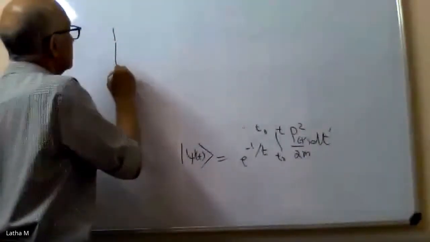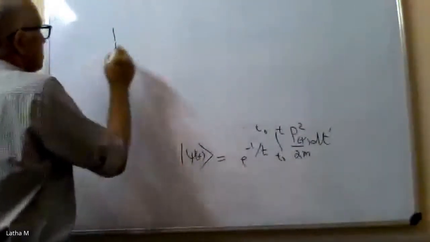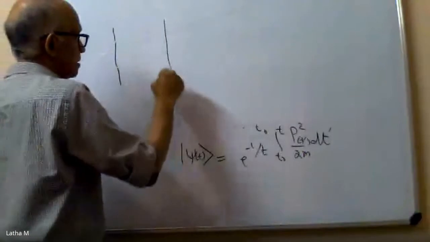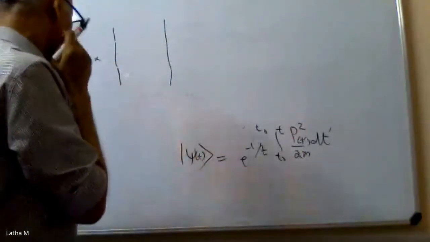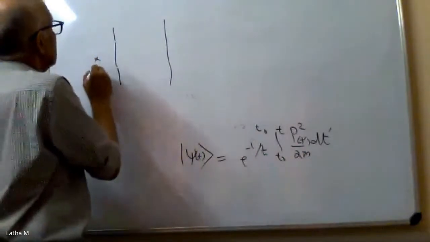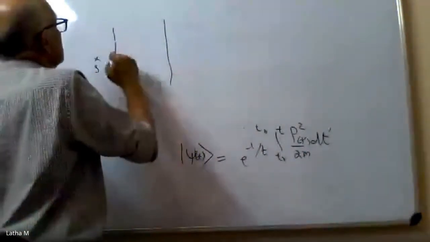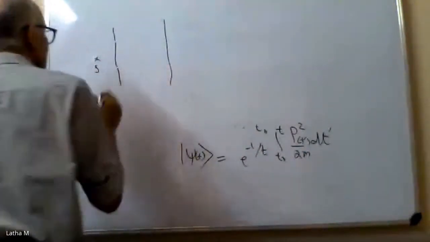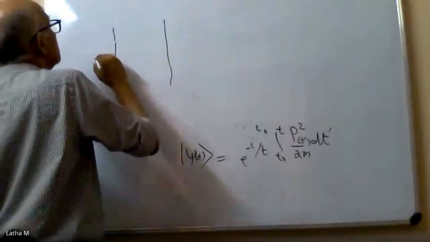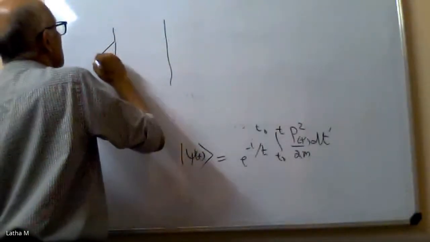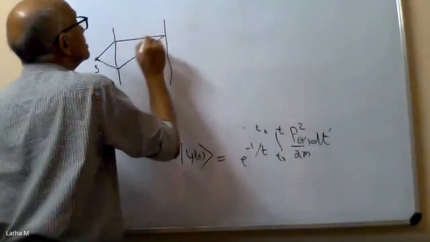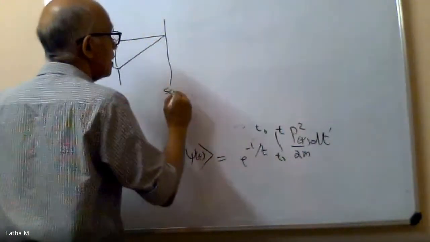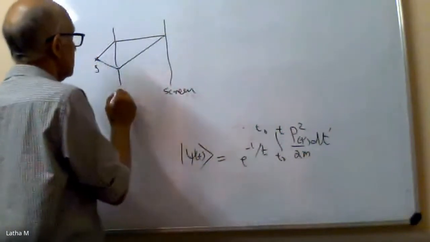Basically it is a double slit experiment, and suppose that there is a source S of charged particles, and they are coming through the slits, and an interference pattern is produced on the screen.